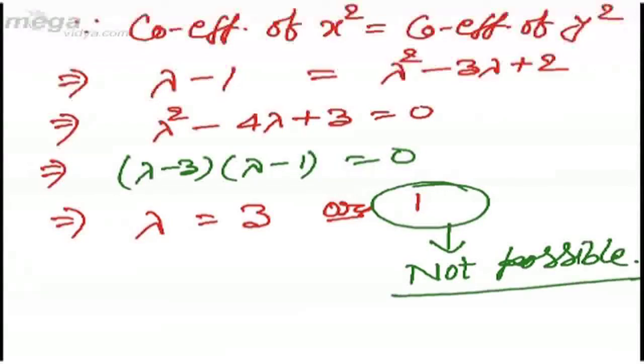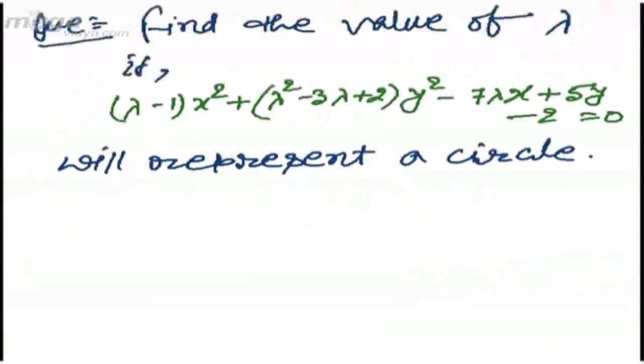Now we will see lambda equal to 3. When you put lambda equal to 3 here, it becomes 3 minus 1, that is 2x square, plus 3 square minus 3 into 3 plus 2. So 3 square minus 3 into 3 cancel, plus 2y square. So here you get 2x square and here you get 2y square.